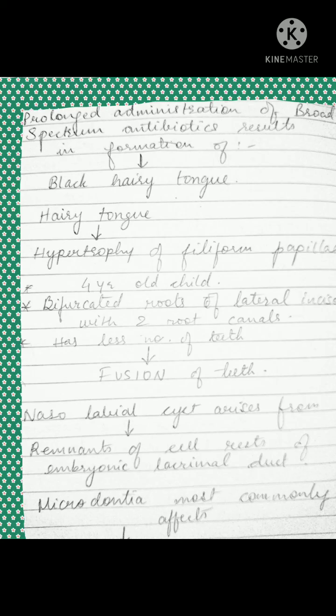Because two teeth have fused together, they look like one tooth. So the number of teeth in the oral cavity will be fewer, but the X-ray shows two roots plus two canals of the lateral incisor, which indicates that two teeth have fused into one tooth. Okay, so it is fusion of teeth.